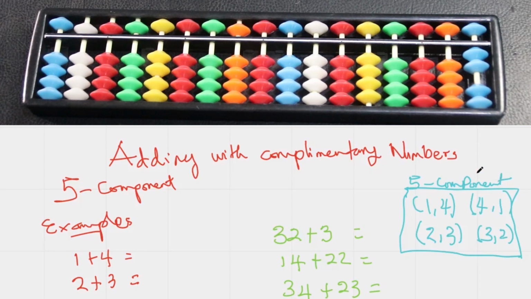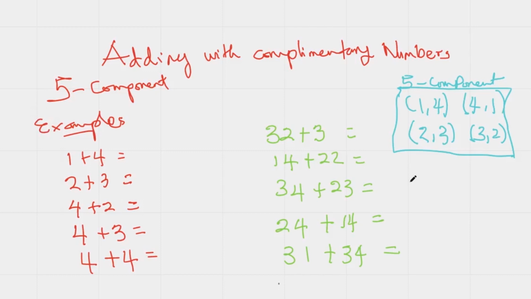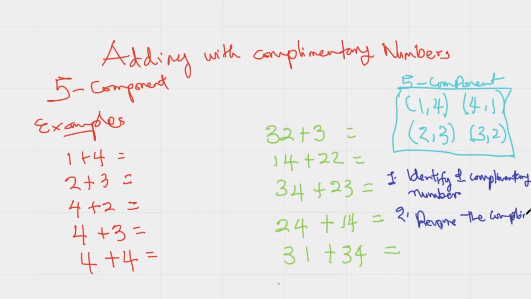Maybe you want to put that down. The steps of this are: Step 1, identify the complementary number. Step 2, remove the complementary number that you have identified.